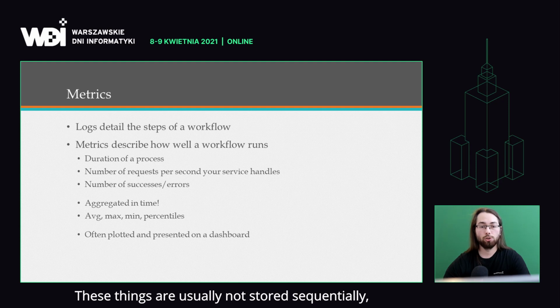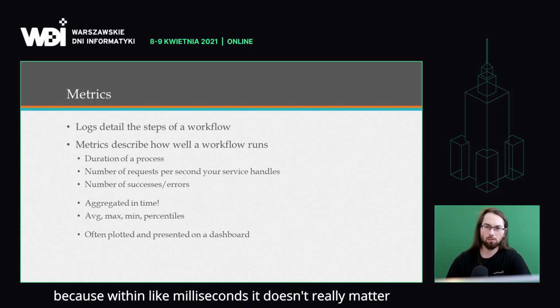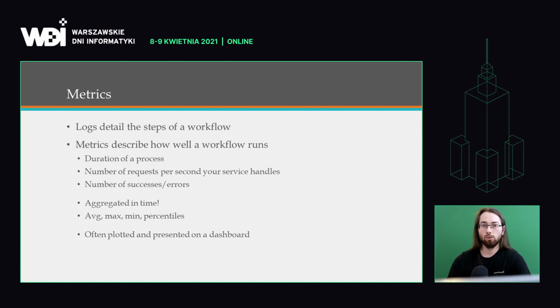These things are usually not stored sequentially, because you don't really care if now the request took 10 milliseconds and the next one took 100, and the next one just again took 10, because within milliseconds it doesn't really matter. You usually have the metrics aggregated within a time period.